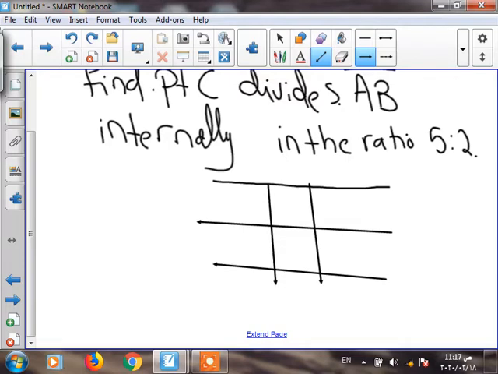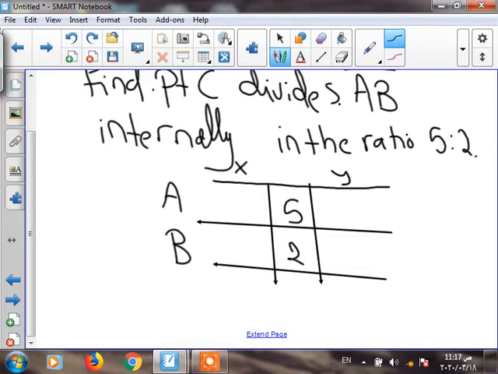Here we have the first point, A, and the second point, B. Here the X, here the Y, and here the ratio, which is 5 to 2. Because it's internal, we take 5 to 2 as it is.